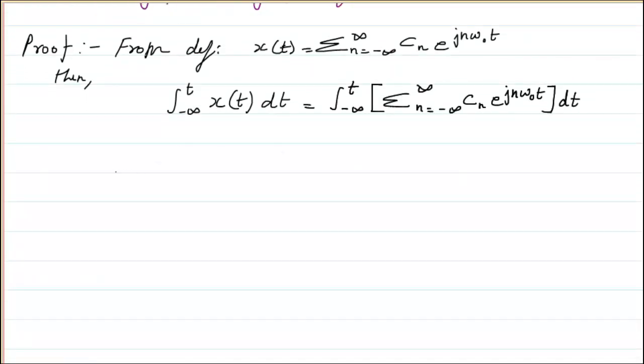Now as you can see, the only thing that has a value of t is e raised to power jn omega naught t.